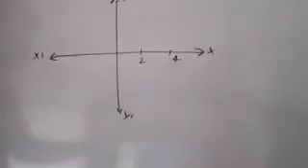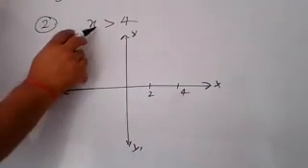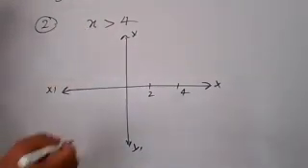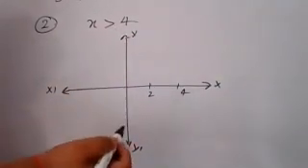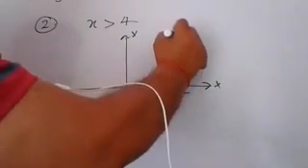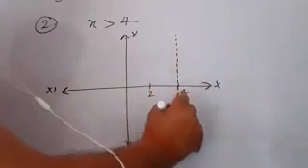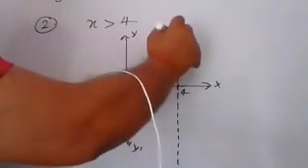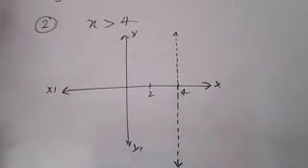So here you can take 2 and 4, and here you have your inequality, x is greater than 4. You well know, for x is equal to 4, that is a line which is parallel to the y axis. So from 4, with the help of a scale, mark a dotted line, not a complete line. That line represents x is equal to 4.